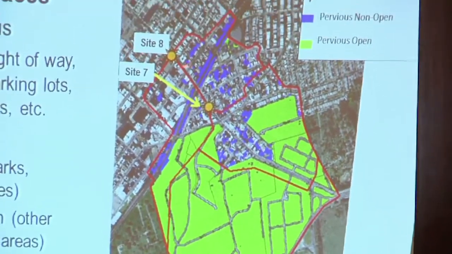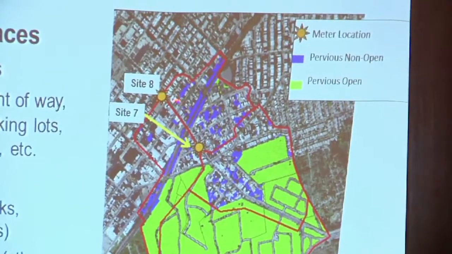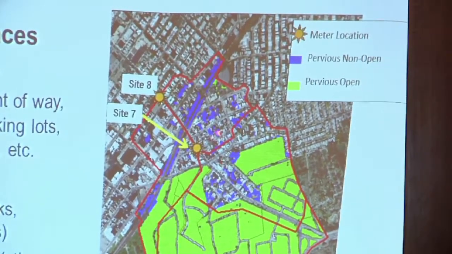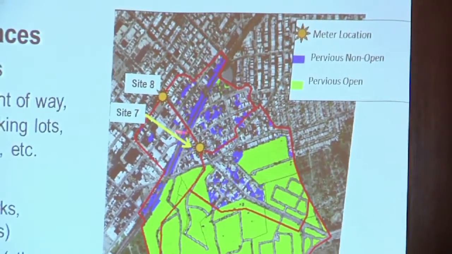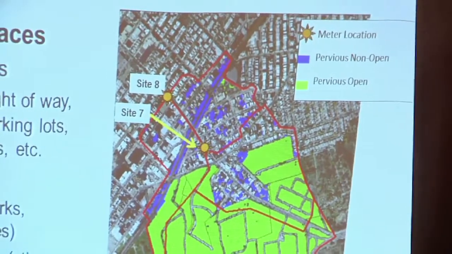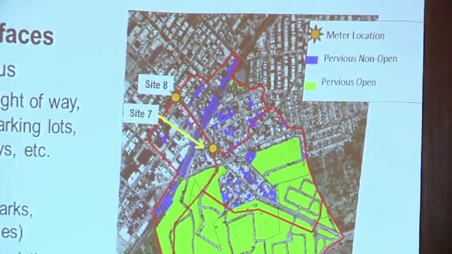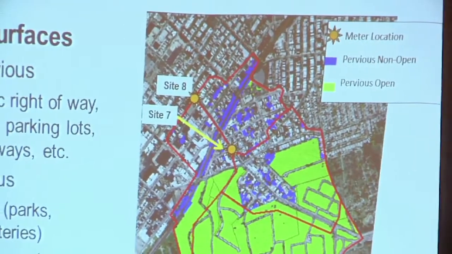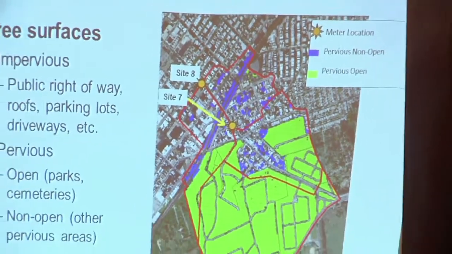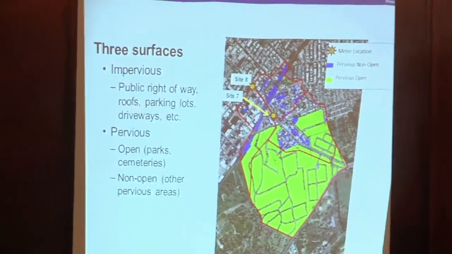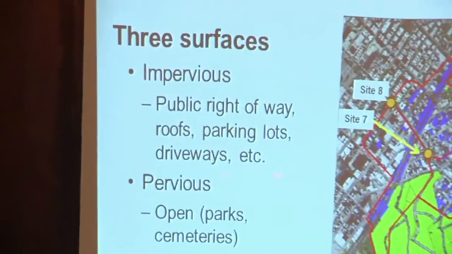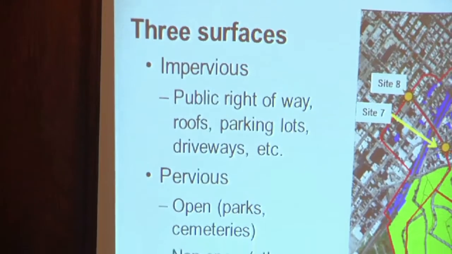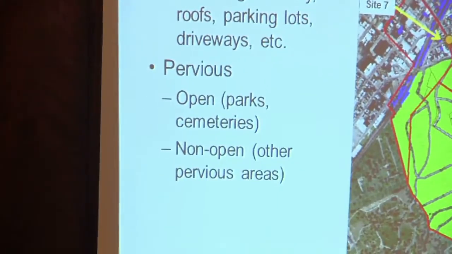And then the next site, 8, the downstream, not only included this but a lot of localized land uses, denser area. So we defined the surfaces like there's an impervious cover that includes the public right-of-way, roofs, parking lots, driveways, etc. And then the pervious area, we define with 2 distinct categories.